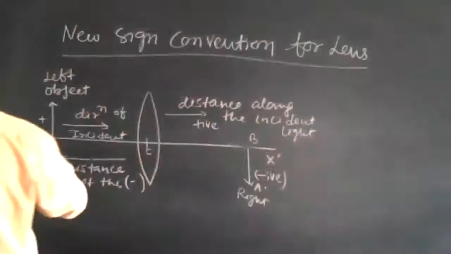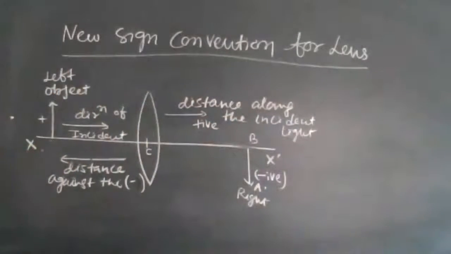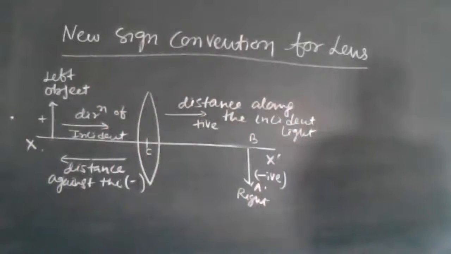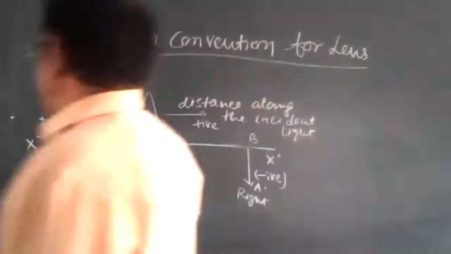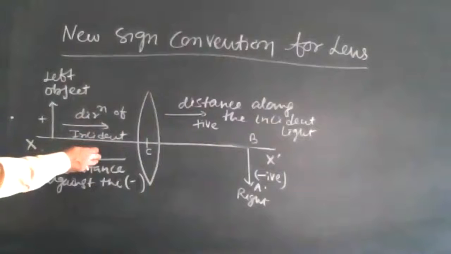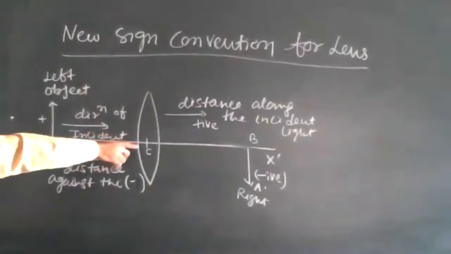You can see here. Second thing which we are observing here, the principal axis passing through the optical center.